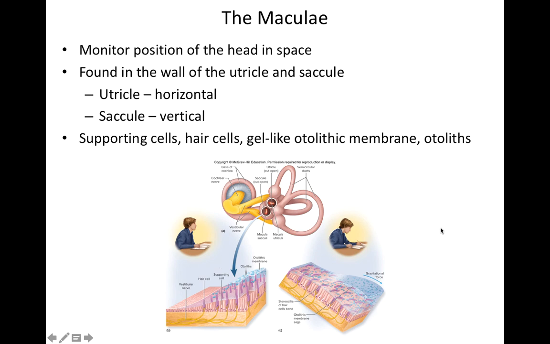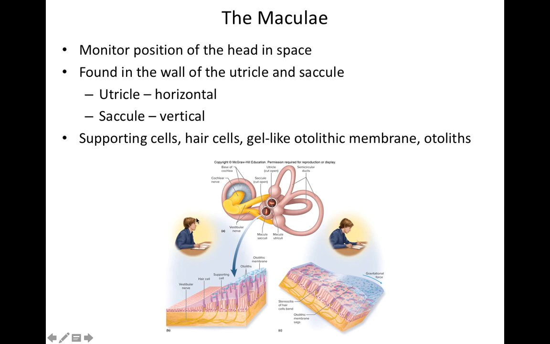So what we have here is going to be the same setup. You're going to have hair cells that are going to be in contact with a gelatinous membrane, and when there is pressure applied to the membrane, the hair cells are going to bend and they're going to send an action potential. So in this case, the gelatinous membrane is called the otolithic membrane, and it has these little otoliths or little ear stones in them to give it some weight.